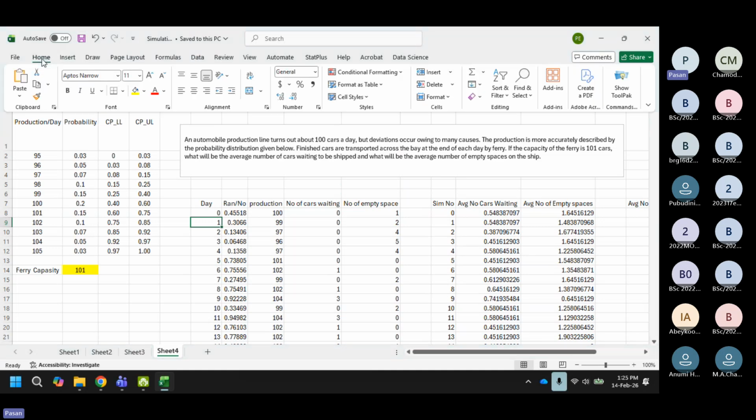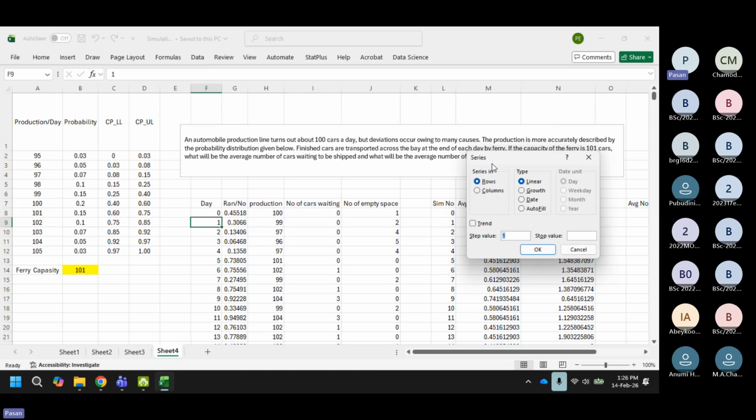So I can go to the Home tab, and right below the summation mark here we have this fill option, so I can click that one. I can fill down or fill up, fill left and so on, and there I have the Series option.